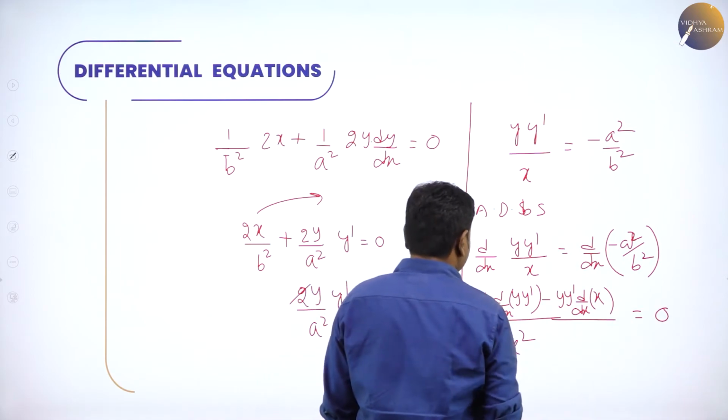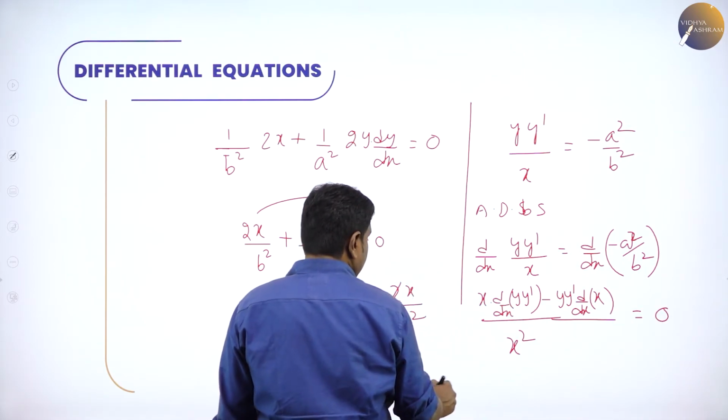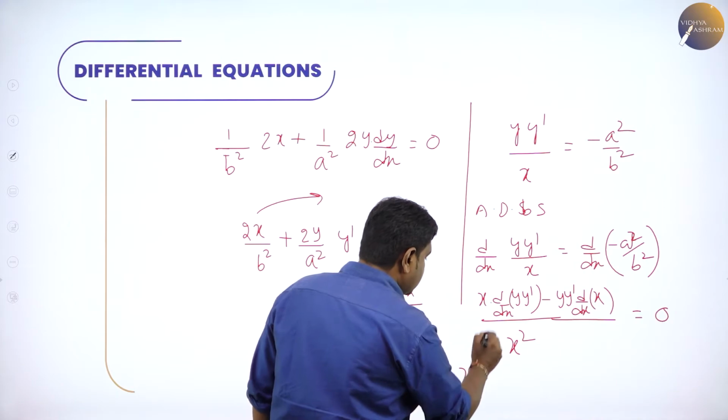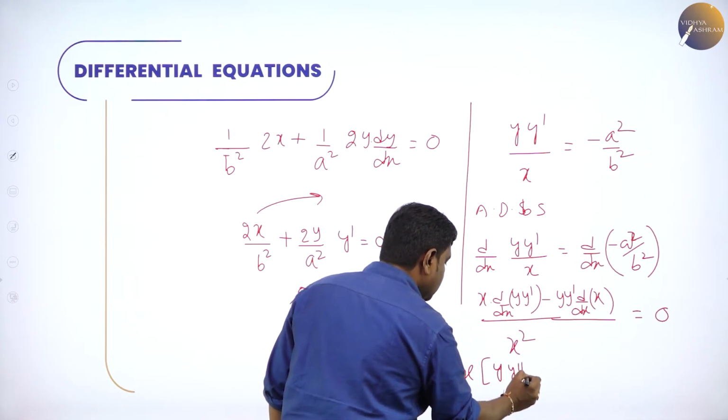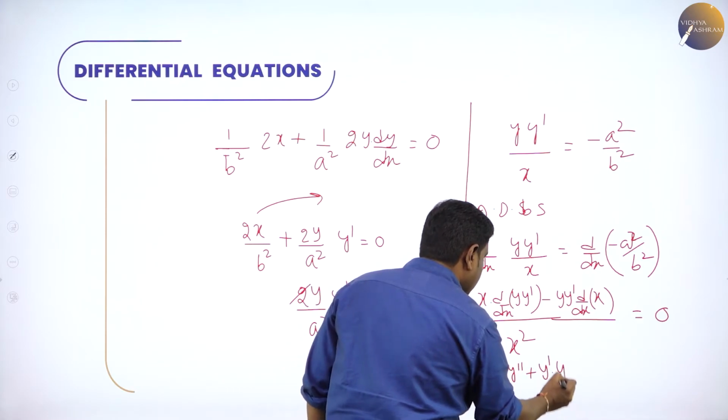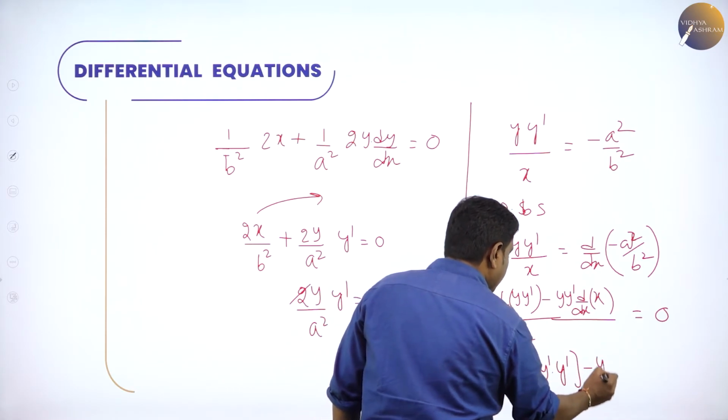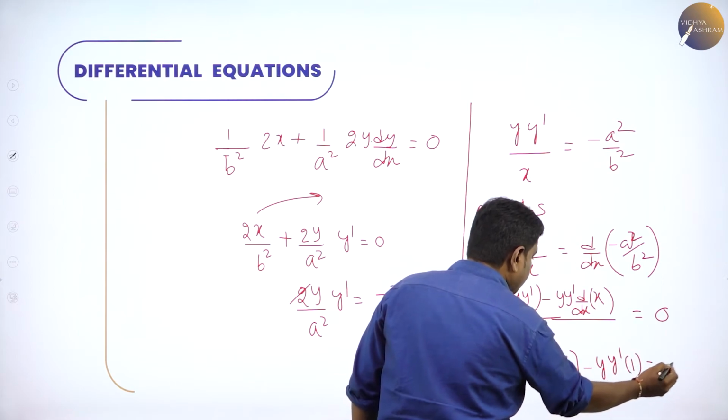Now you transfer the denominator to the other side. So x into, here product rule, y into derivative of y dash is y double dash, plus y dash into derivative of y is y dash, minus y dash into the derivative of this, which is 1, is equal to 0.